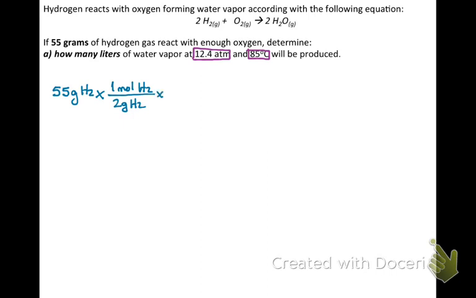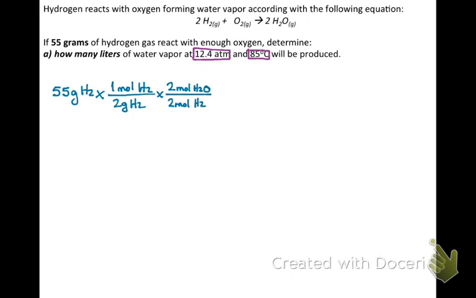Then we need to transform the moles of hydrogen into moles of water vapor using the mole ratio. And here we can see that 2 moles of hydrogen are equivalent to 2 moles of water.